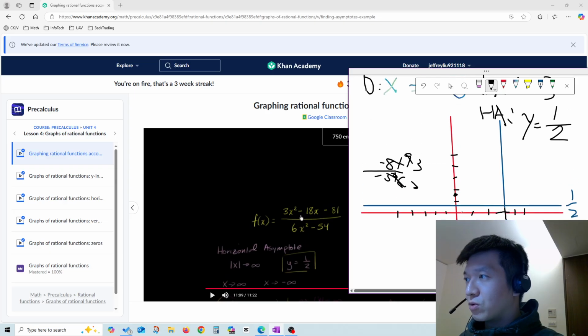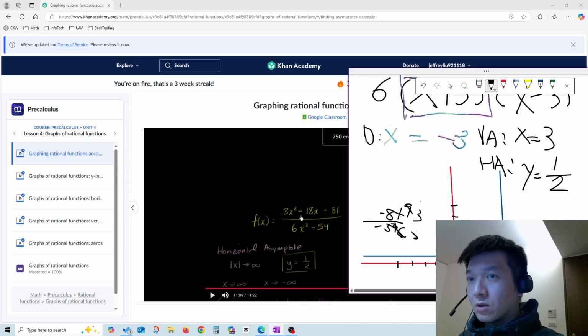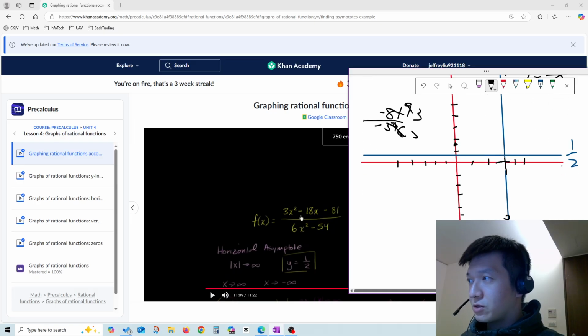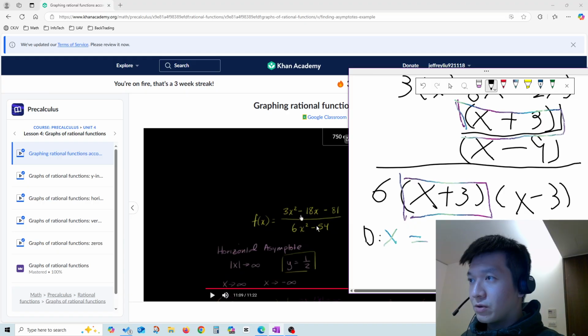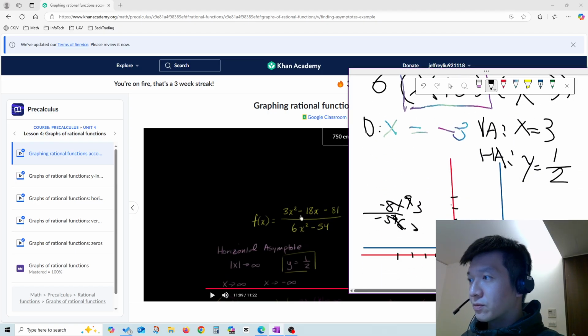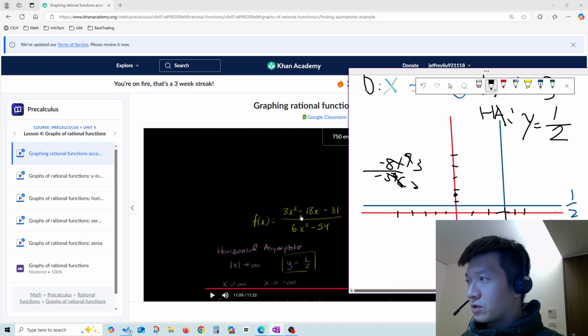How about the other points? Right after you find the asymptotes, how about the x-intercepts, right? X-intercepts will be making the numerator 0, so that'll be 9, right? So crossing the 9 over here, at your x-axis, which is somewhere over here. 1, 2, 3, 4, 5, 6, 7, 8, 9.